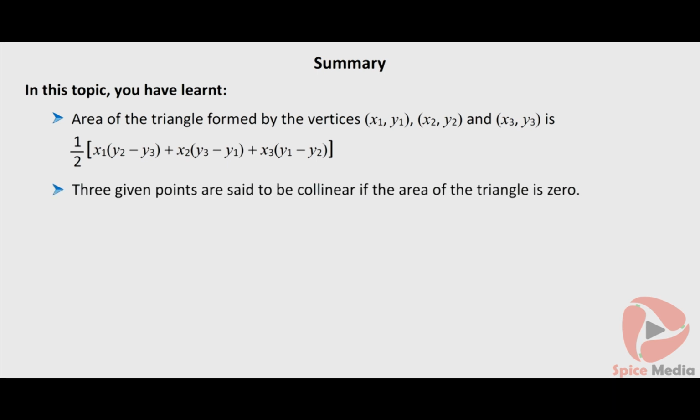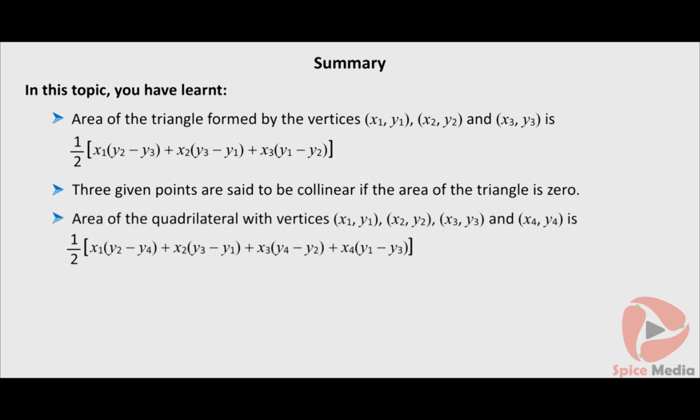Three given points are said to be collinear if the area of the triangle is 0. The area of the quadrilateral with vertices (x1, y1), (x2, y2), (x3, y3) and (x4, y4) is half into x1 into (y2 minus y4) plus x2 into (y3 minus y1) plus x3 into (y4 minus y2) plus x4 into (y1 minus y3).